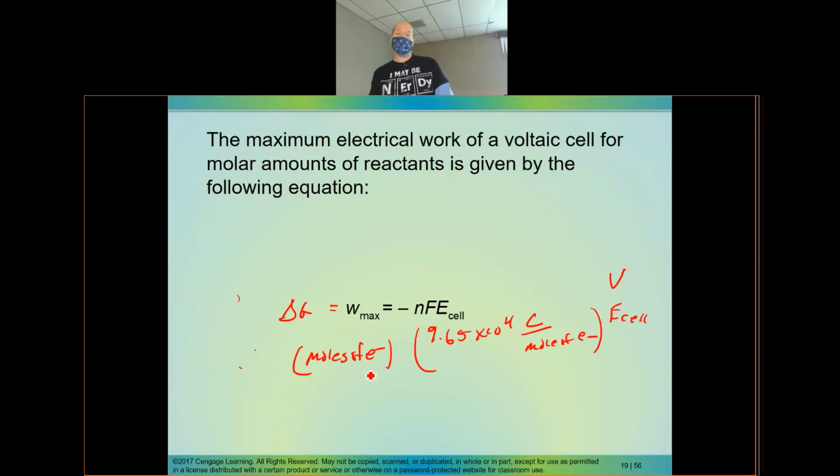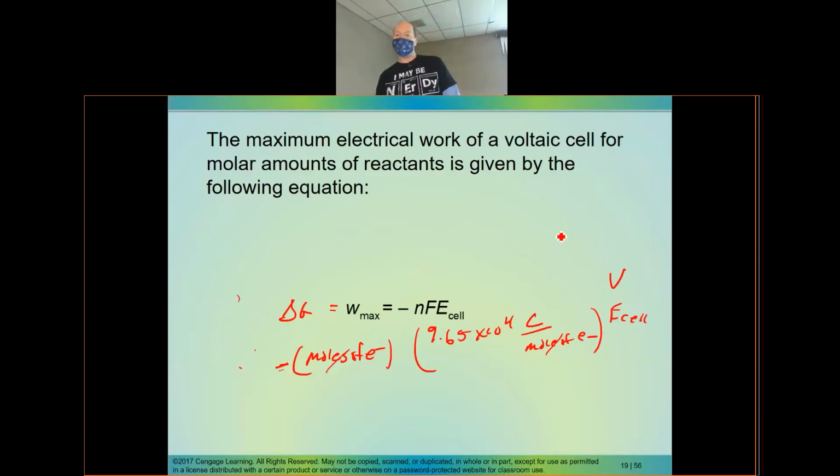The moles of electrons has to be a positive number. You can't have negative moles. Faraday's constant is a constant, 9.65 times 10 to the fourth coulombs per mole of electrons, and just putting mole there would not be good enough, it's moles of electrons.